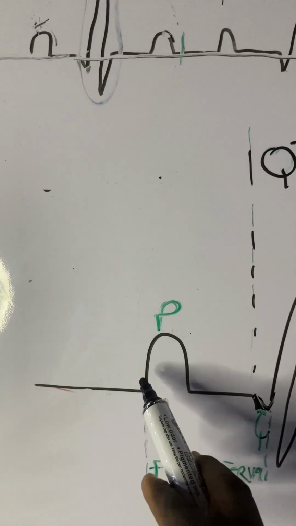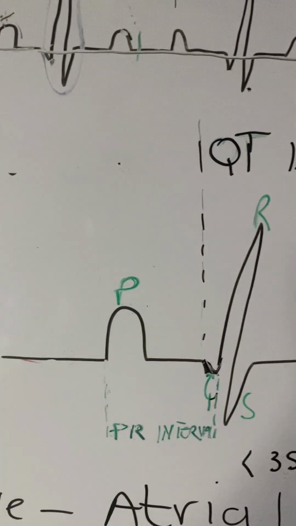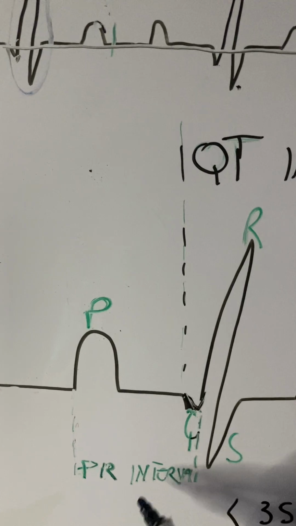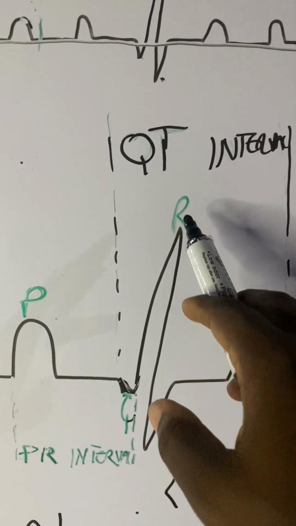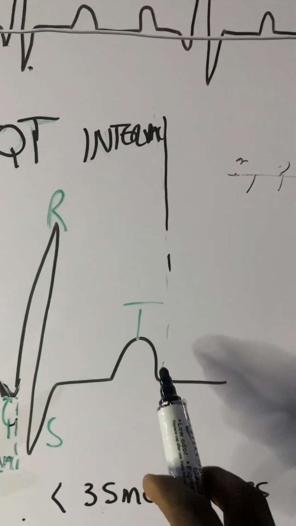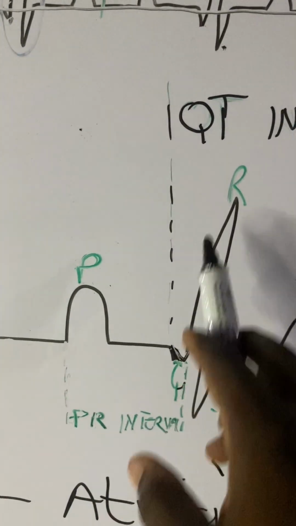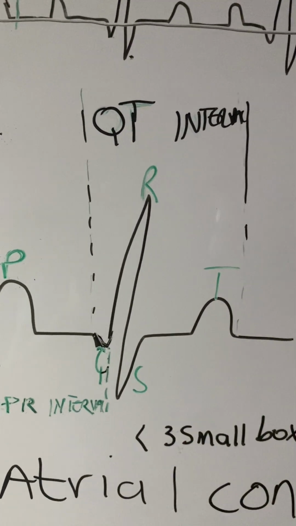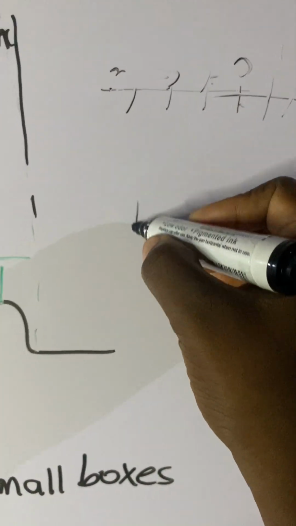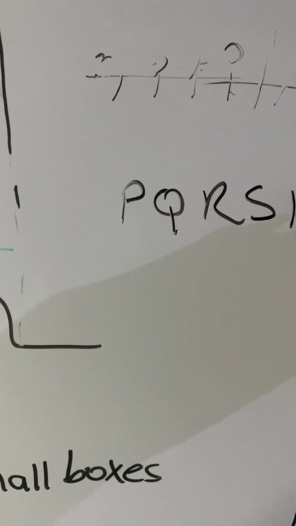This deflection up here is called the P. This one down here is called the Q. The next here is an R. This is an S, and this is a T. That is why it is called the PQRST rhythm. So ECG rhythms are simply referred to as PQRST.